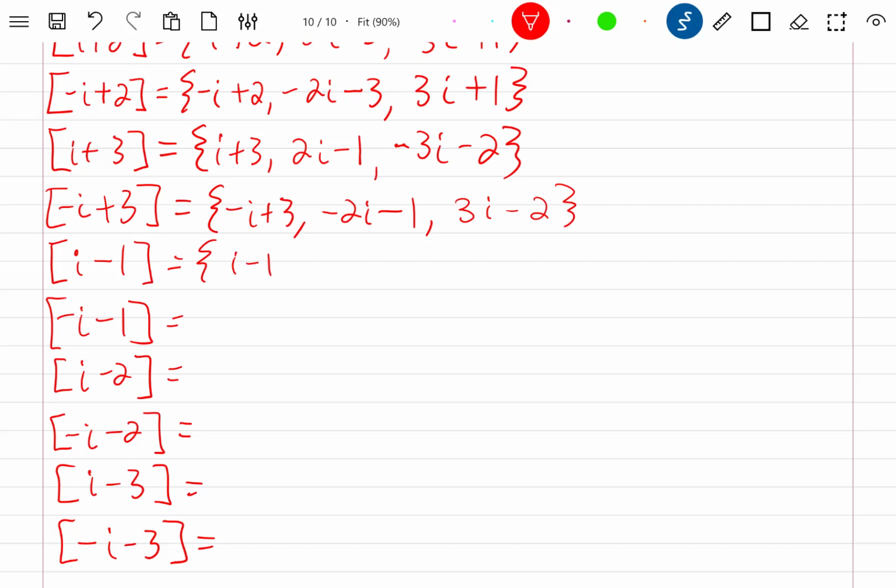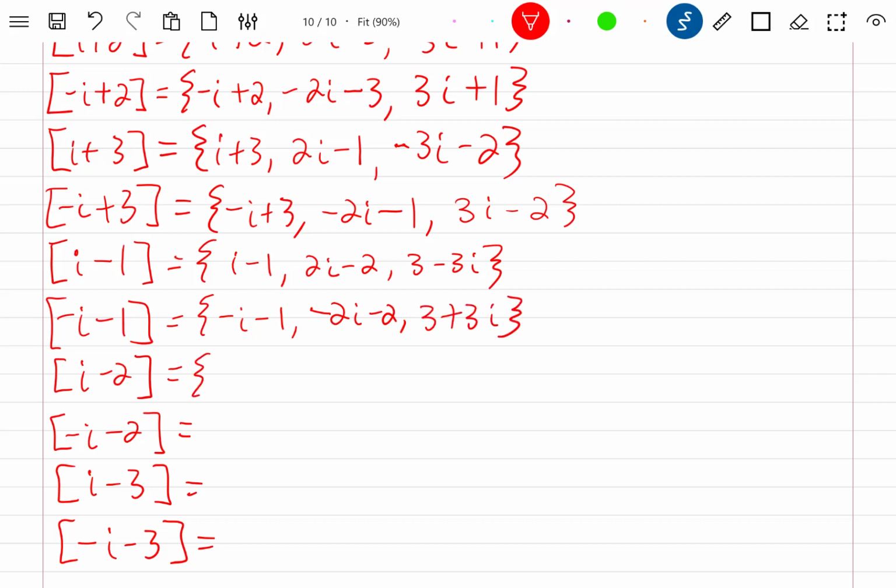So I have to multiply this by 1, I then have to multiply it by 2, and then I have to multiply it by negative 3, which should give me 3 minus 3i. Multiply this by 1, multiply this by 2, multiply this by negative 3, multiply this by 1, multiply this by 2. 2 times negative 2 should give me a 3, so this should be 2i plus 3, and then I have to multiply this by negative 3, so negative 3i minus 1.